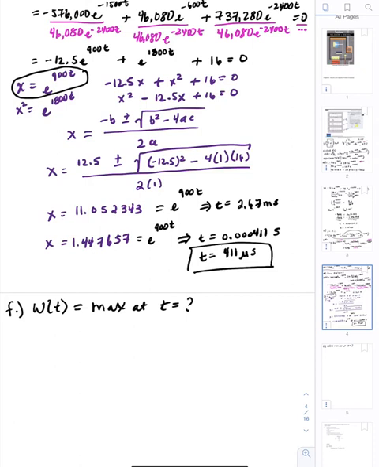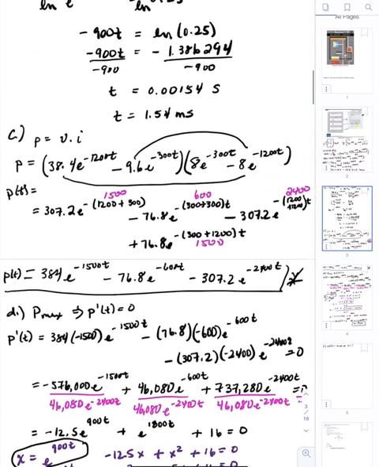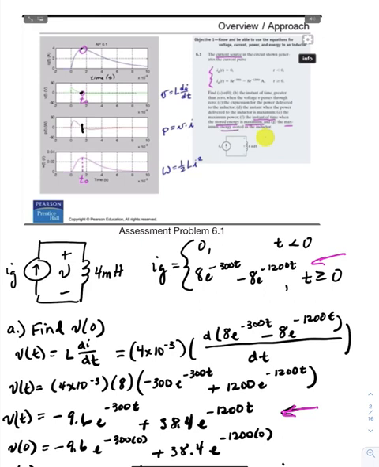If we scroll back up here, we can see at time t naught, energy is maximum.